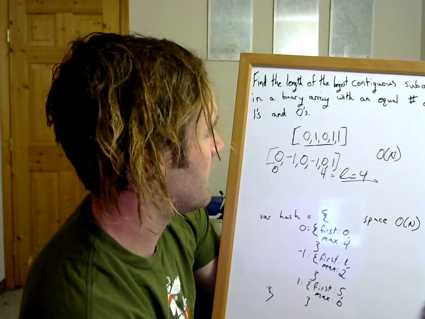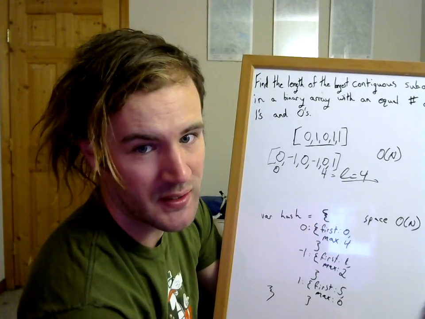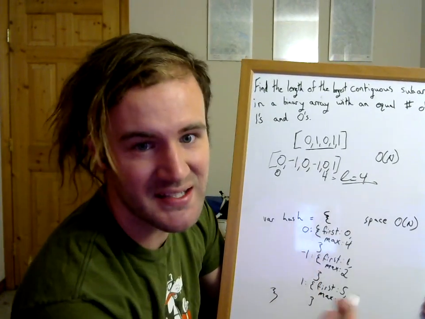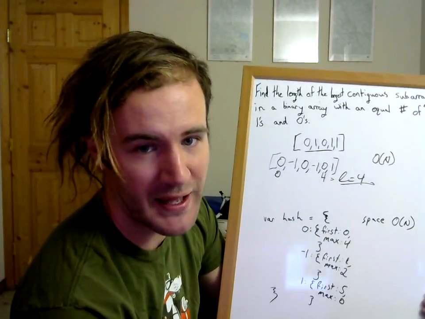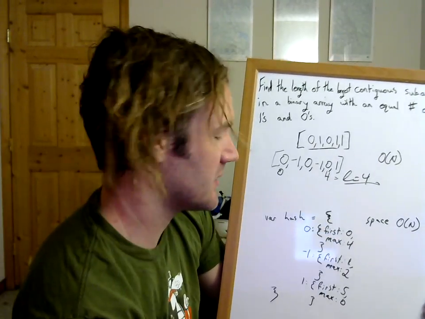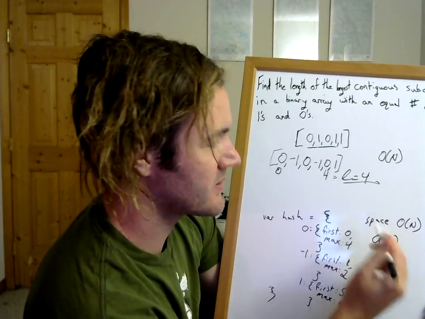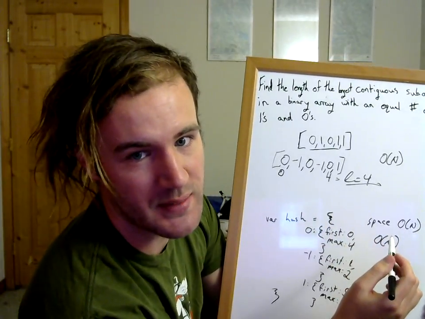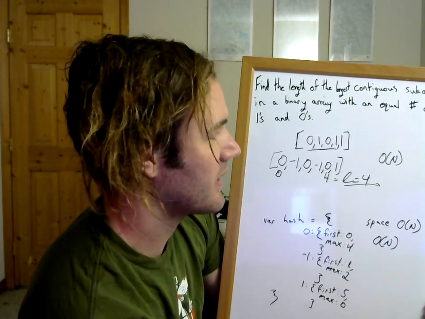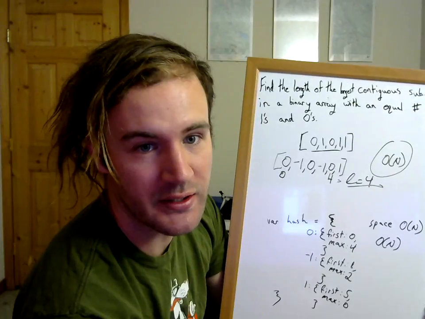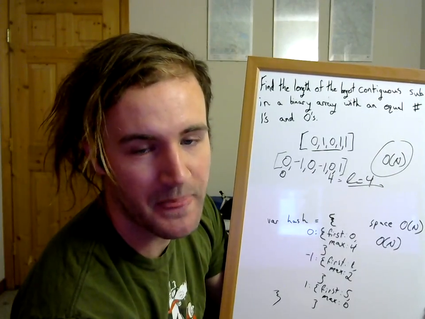That's if each one of these values is different. Our maximum space is n, and then for that last step where you have to go through and find the max, it's going to be big O of n again, because your maximum number of items in your hash table is going to be n. So we're looking at overall big O time of linear time, just n, which is awesome.